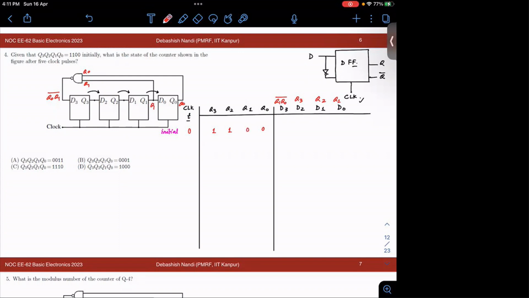Fine. What was your D? D would have become Q1, Q0, that is 0, 0, and this 1. Fine. This is 1. So this will shift to here, this will shift to here, and this will shift to here. 1, 1, 0. Fine. You see how you are getting the initial state?